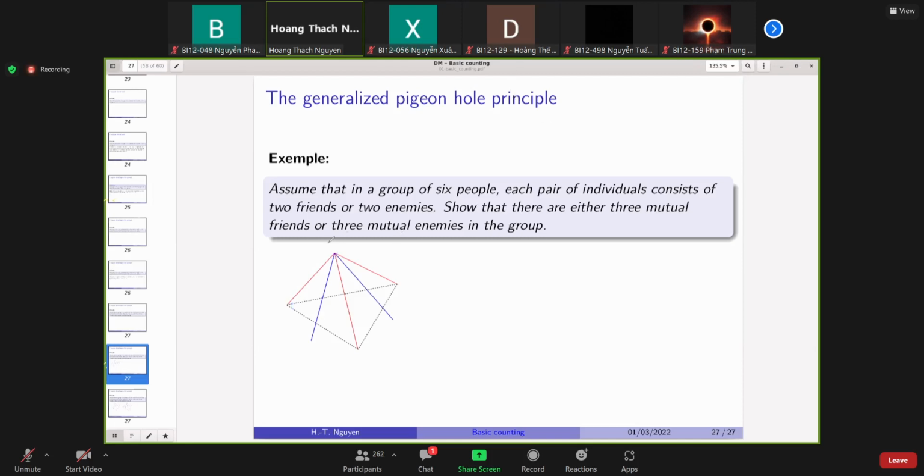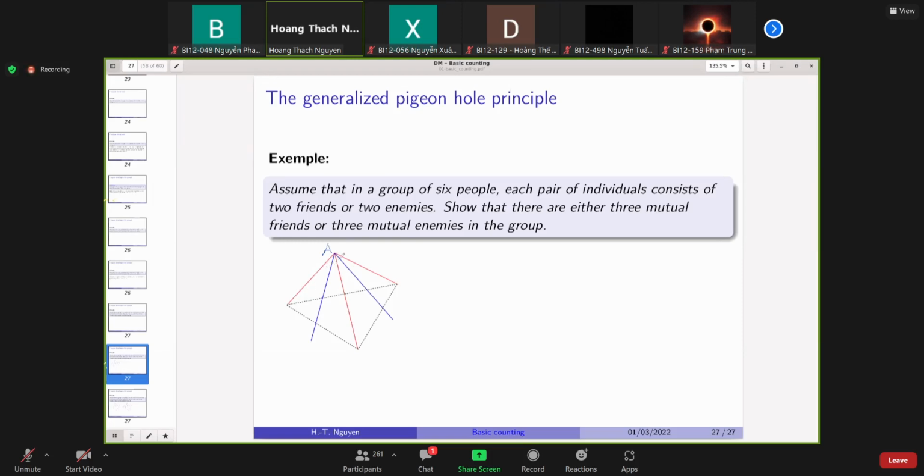Now let's fix this person, Mr. A. We look at the relationship of this person with the 5 other people. We have 2 kinds of relationship, so necessarily there will be one type of relationship which has at least 3 edges.